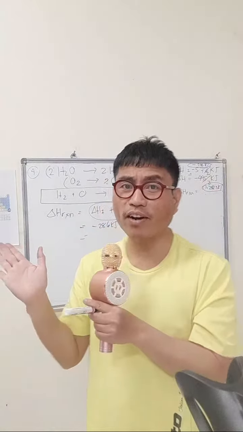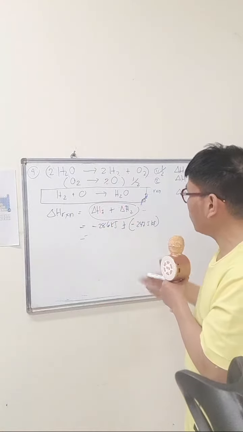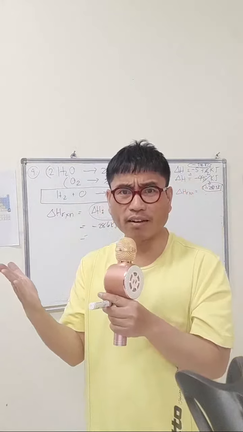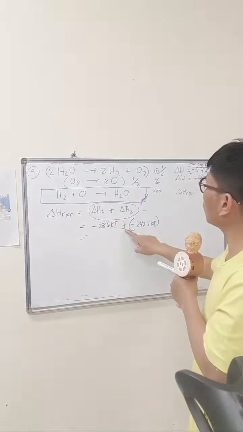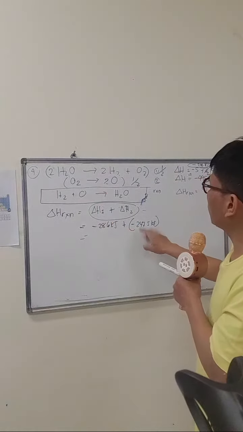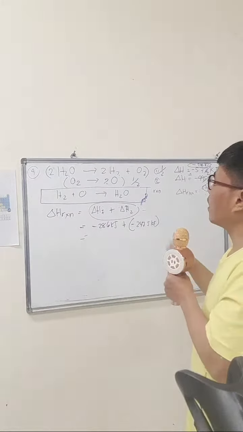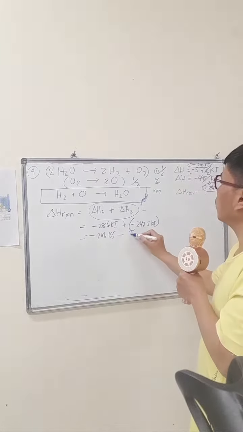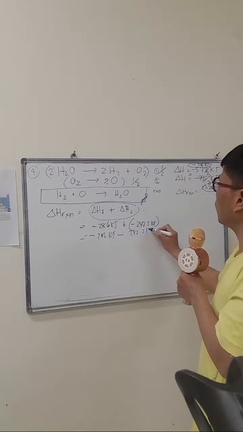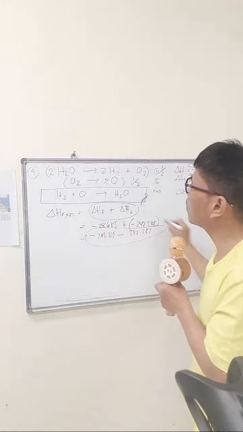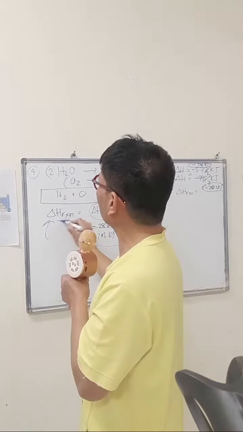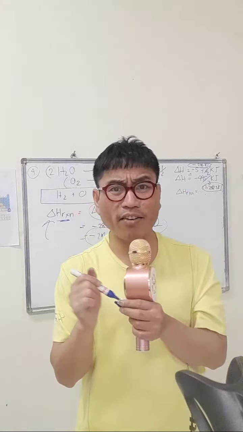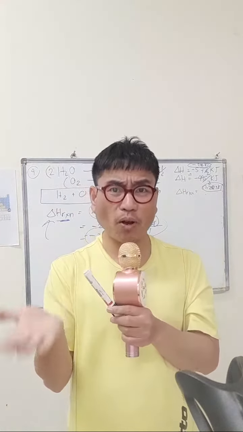For better understanding, you need to put the positive, which means this part is addition, not minus. Otherwise it will be confusing for the students, like negative 286 kilojoules minus 247.5 kilojoules. They will interpret that this is minus, but they don't know that it is only the sign. It's not the whole process.